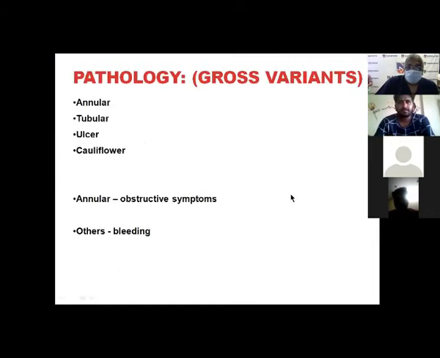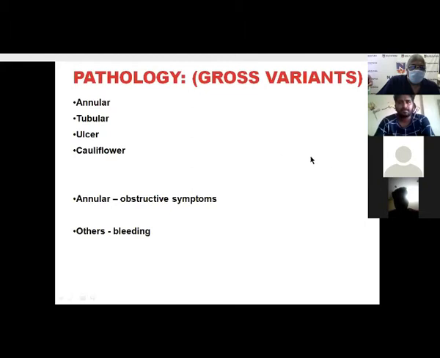There is a gross pathological look in the imaging. Through an endoscopy, it's in the form of annular, which is very common on the left side because the left-sided lesions are annular and stenotic, with more fibrous content.